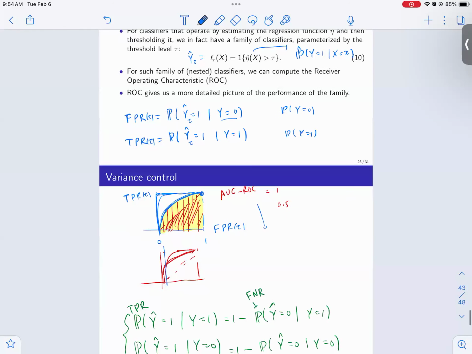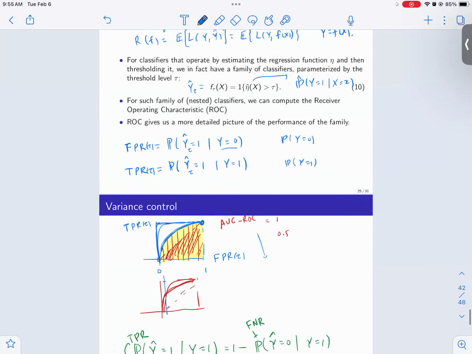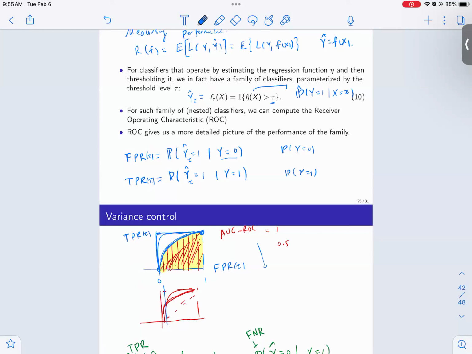So the classifier that always outputs 1 has true positive rate 1 and false positive rate 1. And the one that always outputs 0 is going to be here. So if you vary the threshold such that it just falls below or above the range of eta hat, then this would happen. And if eta hat is really a probability, then it's between 0 and 1.